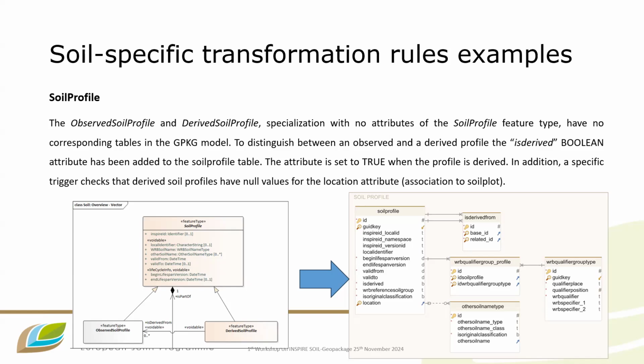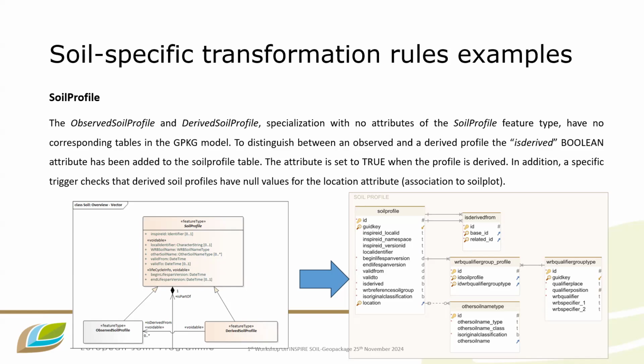The simplification we made in our GeoPackage schema for the soil profile, that you can see on the right, is that the observed soil profile and derived soil profile are merged in only one table, soil profile. And there is a Boolean attribute called is_derived, which can be true or false, that indicates whether the soil profile is observed or derived.